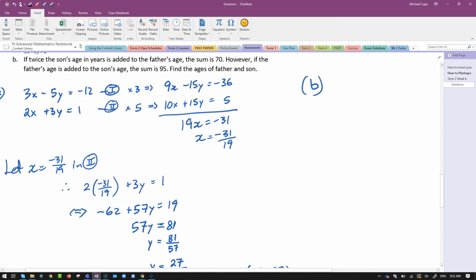The good bit is, while we're talking on weird ways of doing things, let's have a look at the father and the son. I'm going to let f equal the father's age and s equal the son's age. We're going to write these equations. 2 times the son's age added to the father's age.